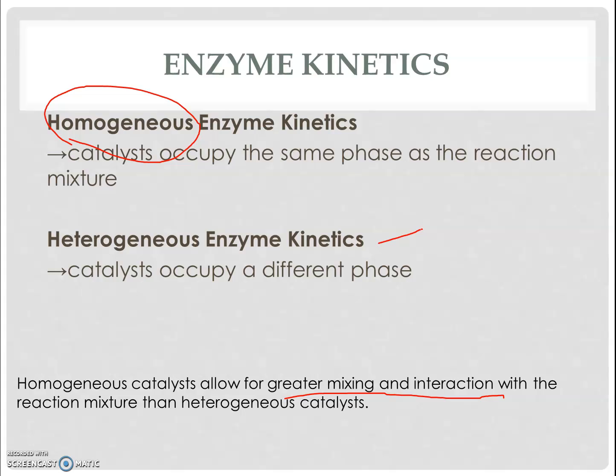For the entrapment process of enzyme, you can use a porous matrix to entrap your enzymes. Or for the encapsulated, immobilized enzyme, you can use a gel matrix in order to encapsulate your enzyme. But for this topic, we are focusing on homogeneous enzyme kinetics.